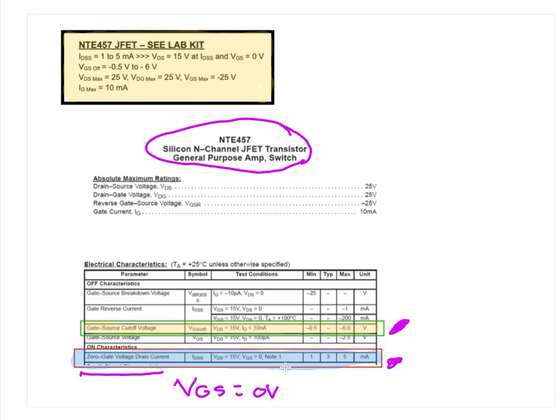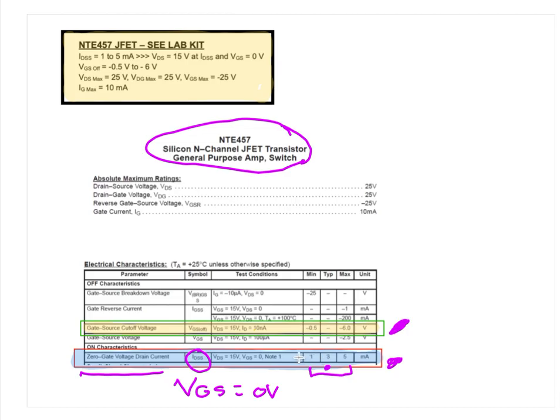It says that the saturation current, IDSS, device to device will be at least 1 milliamp, but it won't be more than 5, and it has an average of 3. So IDSS is a highly variable number. The device that you have could be anywhere in there. So that means the circuit design has to make that non-critical.